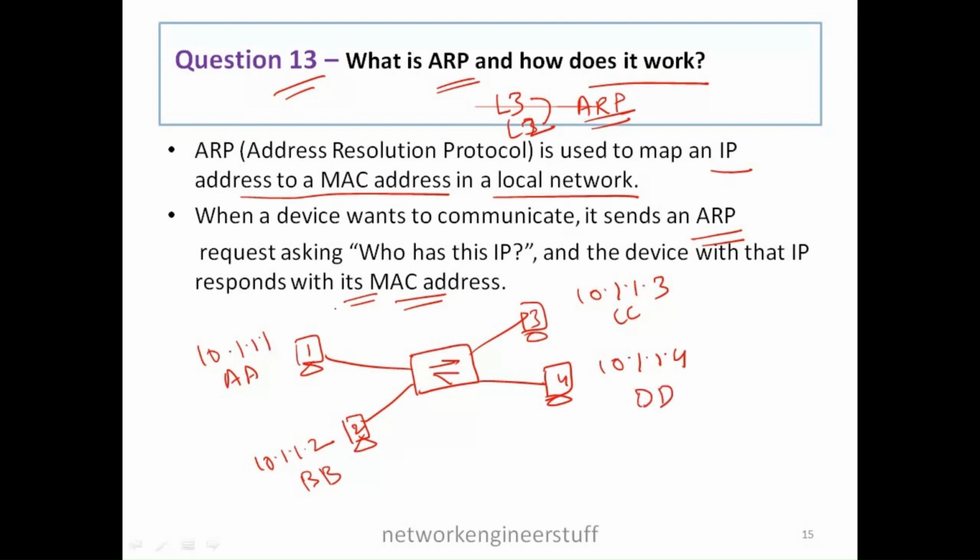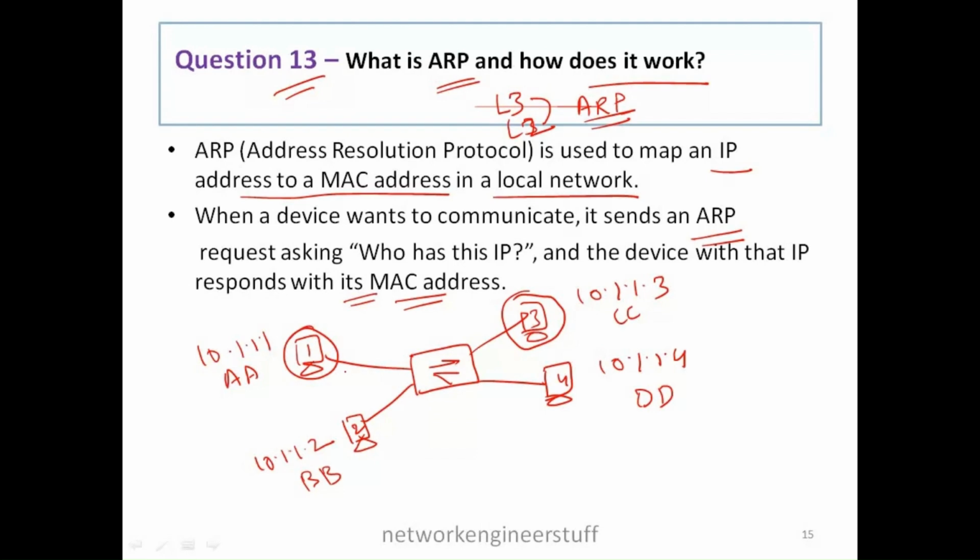Now let's say host 1 wants to communicate with host 3. It will have to send some message to communicate with it, but for that it should have a few details. Let's say you want to send some message to someone, you should have his mobile number.